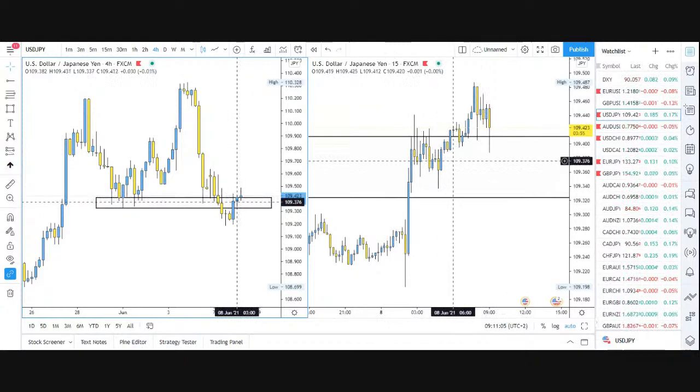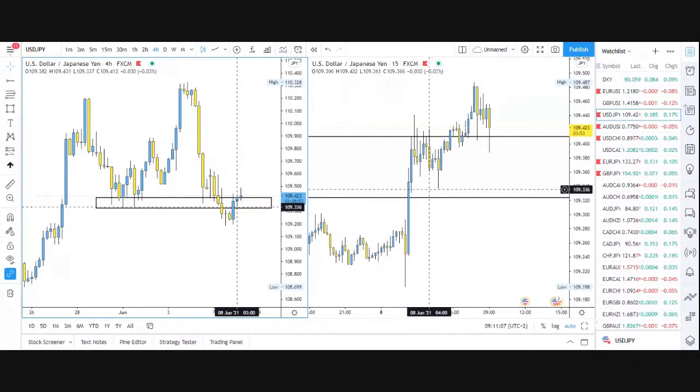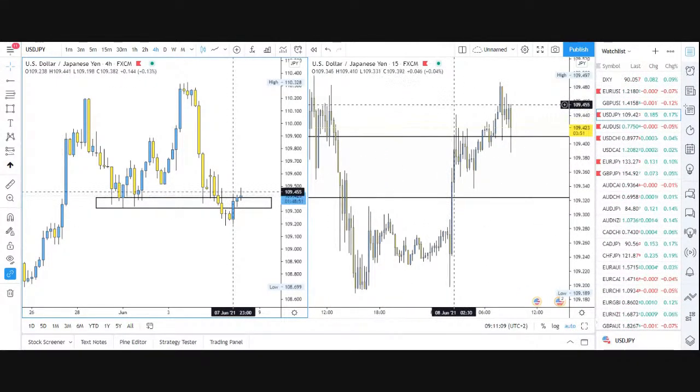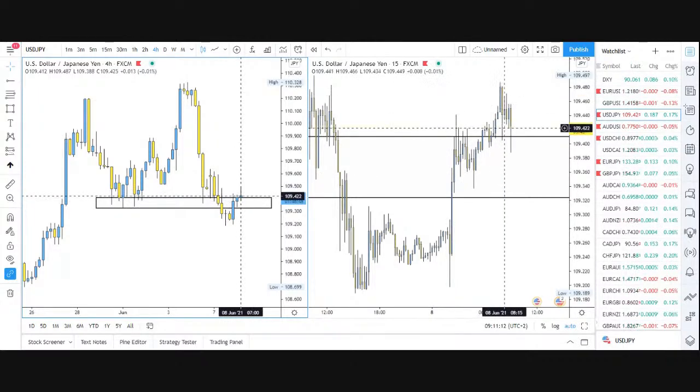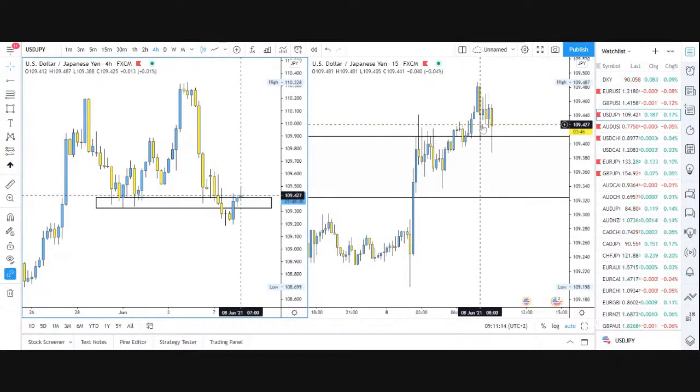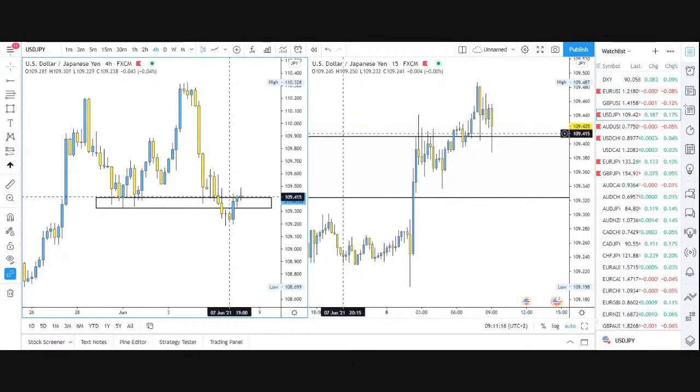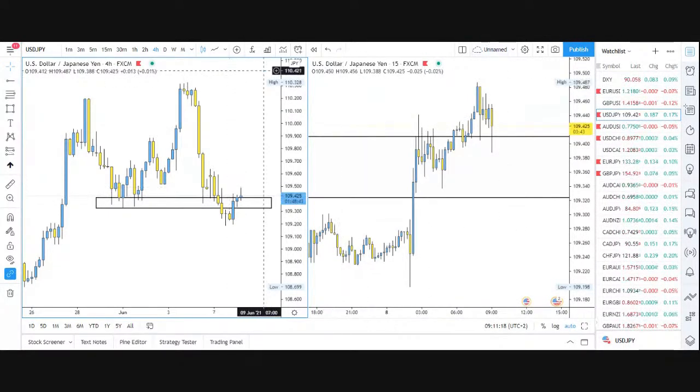You can see USD JPY still, after taking out this high, higher low, higher high, potential higher low in the market, we could then go higher.